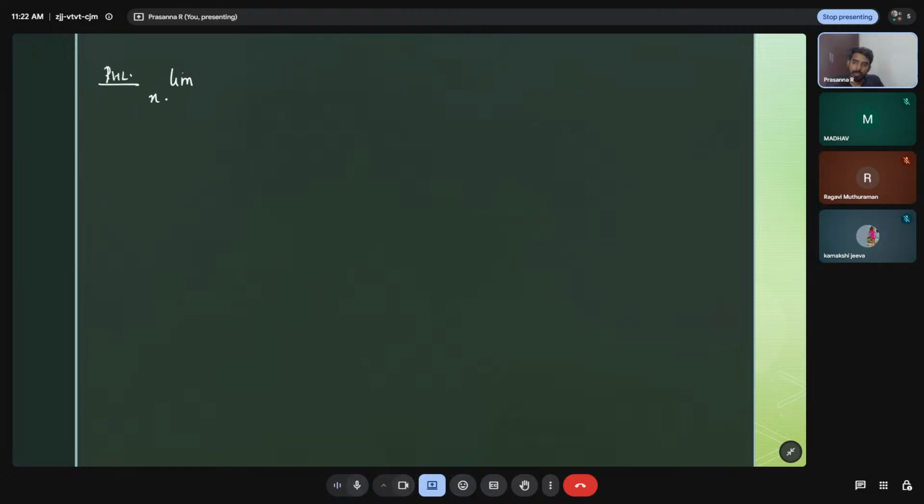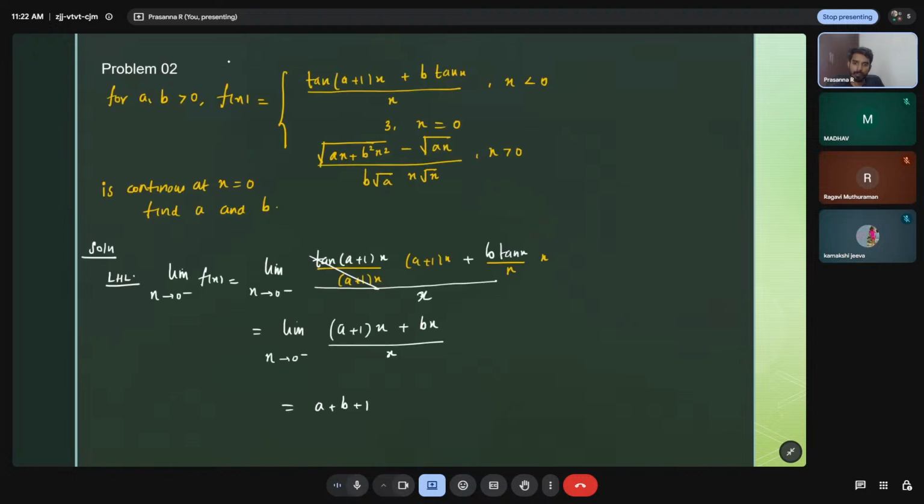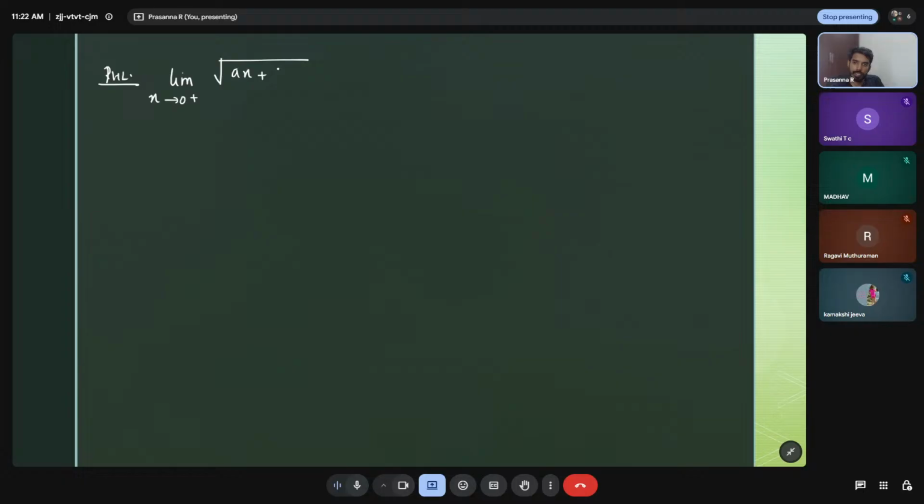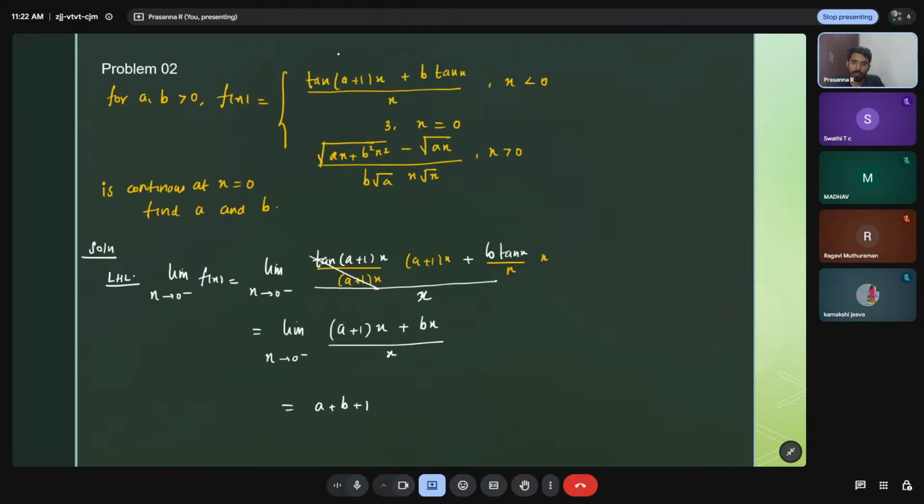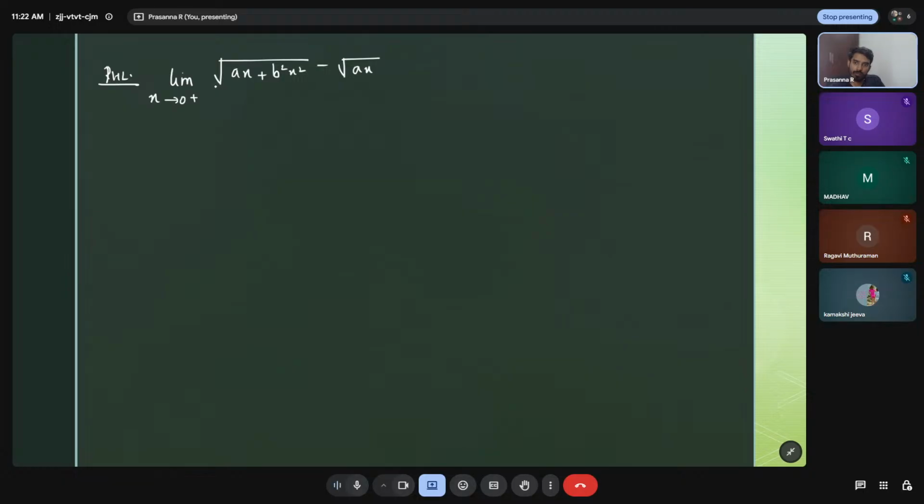Now we will find RHL. RHL is the limit as x tends to 0 plus of root of (ax plus b squared x squared) minus root of ax, divided by b root a x root x. So we'll take one x outside and then cancel root x. You take x outside from the root, so root x comes outside. It will be root of (a plus b squared x) minus root a, divided by b root a root x into x.